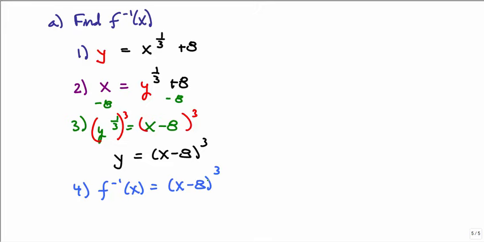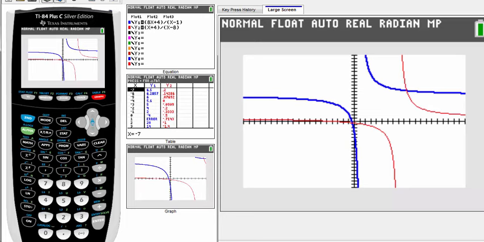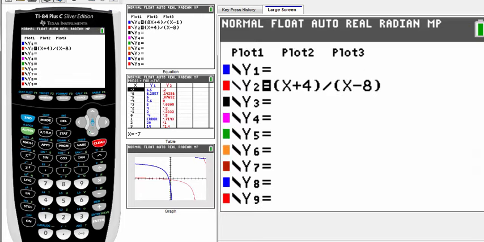Second, they ask us to choose a graph that has the function and its inverse listed. Well, what you want to do here is to actually go through and graph these. You can either do this with ordered pairs or just grab your graphing calculator to help you out here. So our first function was the cubic root of x plus 8. So that would be x to the 1/3.